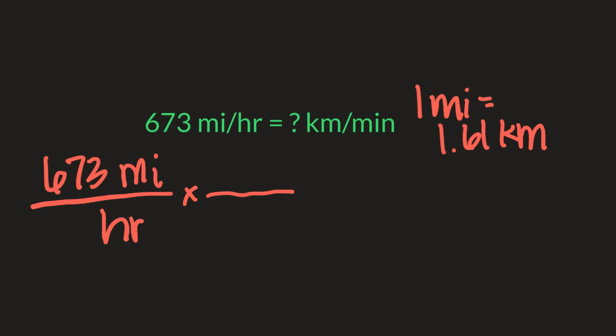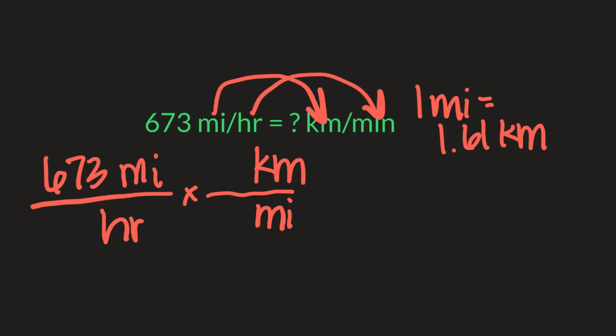Okay, again, it doesn't matter which one you do first. I'm going to put miles on the bottom, deal with that, get rid of it first, turn it into kilometers, because again, you can see we're going to go from miles to kilometers and hours to minutes. So I use my fact that there's 1 mile, 1.61 kilometers, cancel it out.